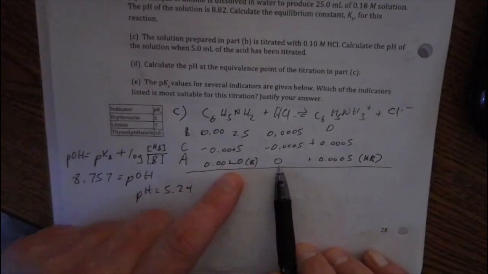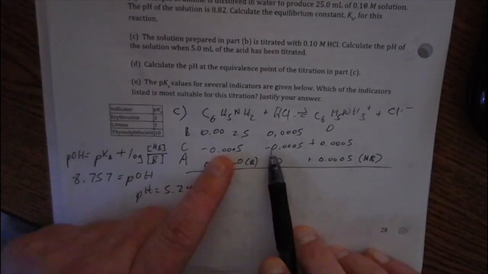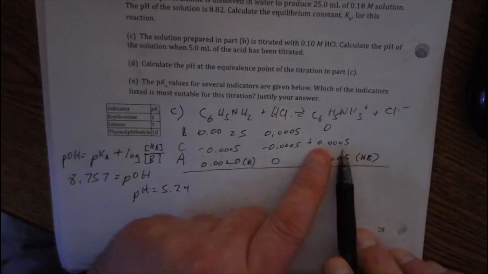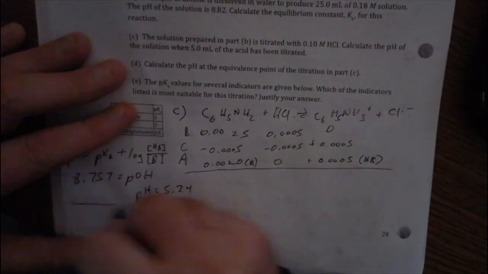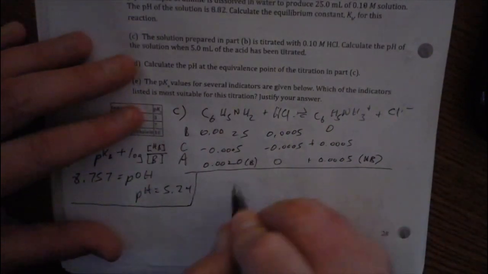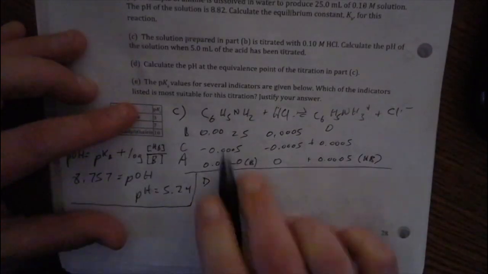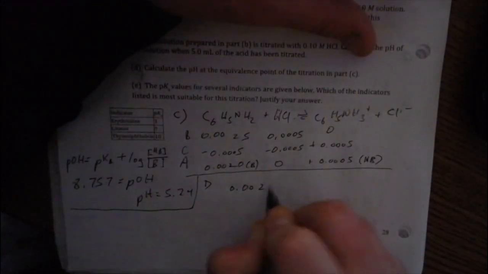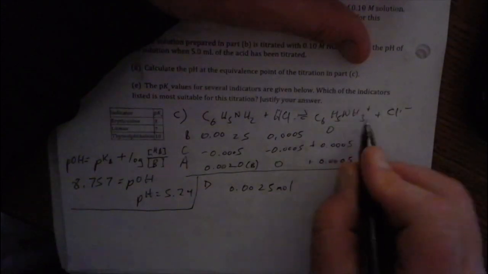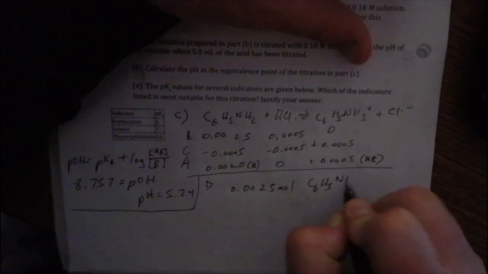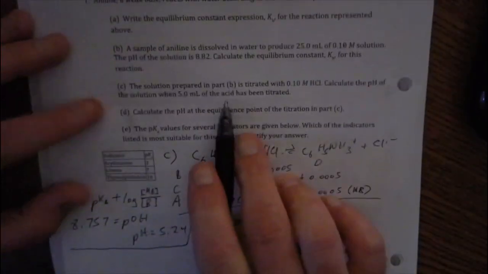And if these are equal, we have minus 0.0025 on this side. We will put plus 0.0025 on this side, yes? So that means that at part D, the equivalence point, we would end up with 0.0025 moles of C6H5NH3, because we're reaching the equivalence point.